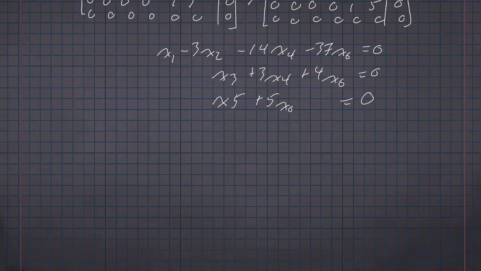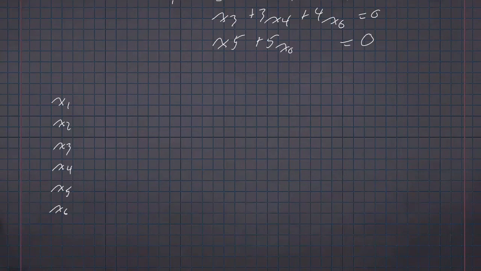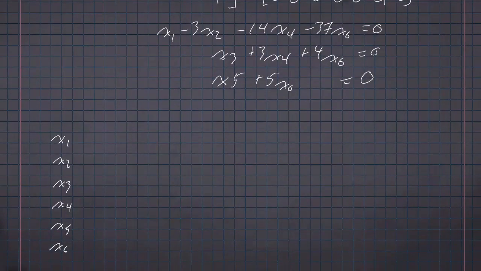Rewriting this, it looks like x1, x3, and x5 are the only things that are actually of interest here. The rest of these are going to be free parameters.